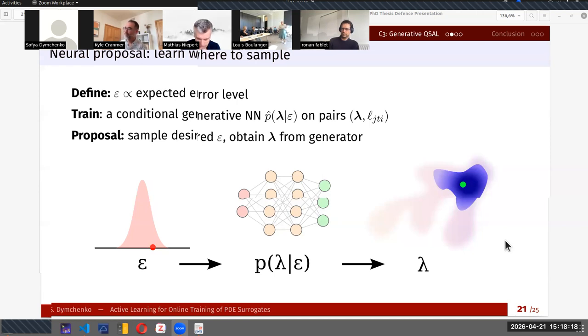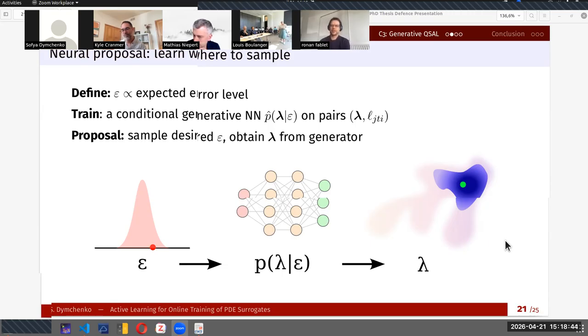But I don't know at which point there would be as many parameters as the resolution. Again, it's an open question at what point it's too hard to learn how to learn instead of actually learning. So you could definitely make the conditioning, trying to learn the distribution of lambda over epsilon.